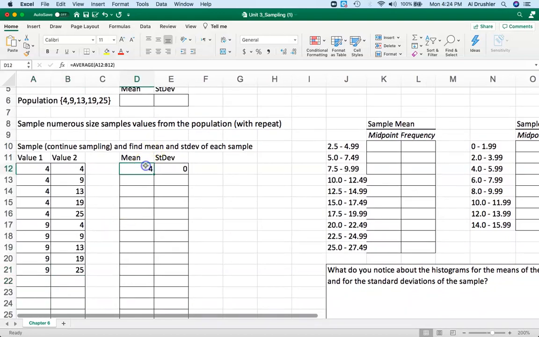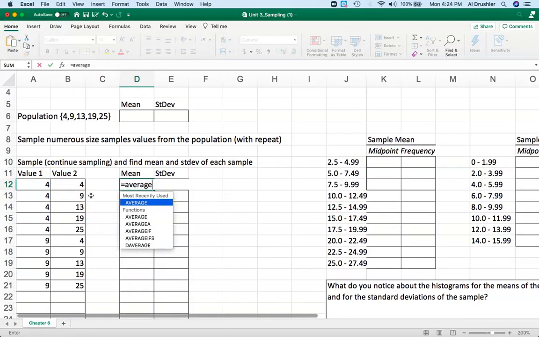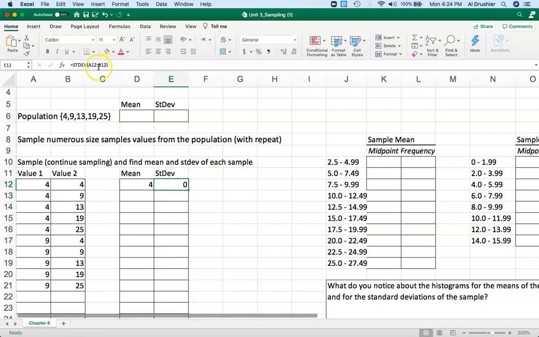Then notice they start you off right here. You find the average of these two numbers. I'll do it again. See how it's A12 to B12? You can go equals average, and you can really just highlight like that. Then this is a stdev, and it's a dot s. Oh, we need to start with an equal sign, sorry.